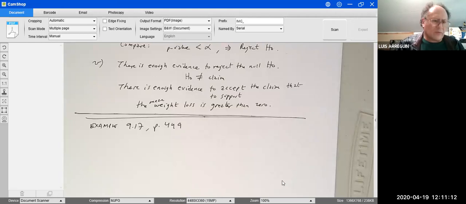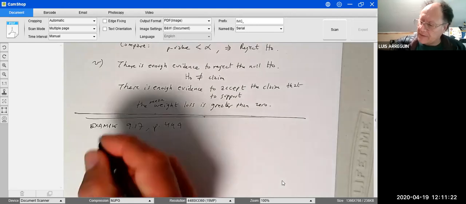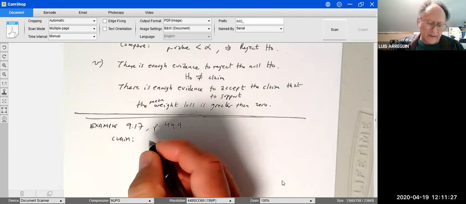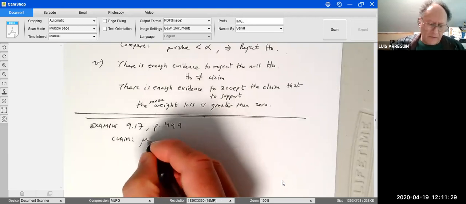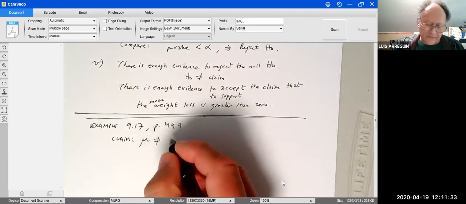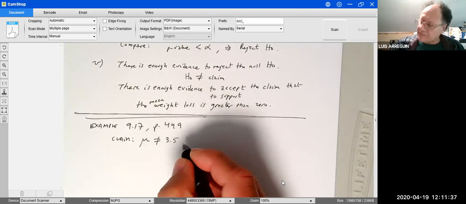In this problem, we're gonna have to work first the claim. So the claim is that the mean amount that is absorbed differs from 3.5 micrograms.